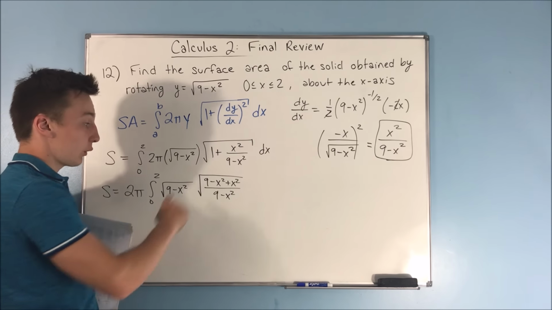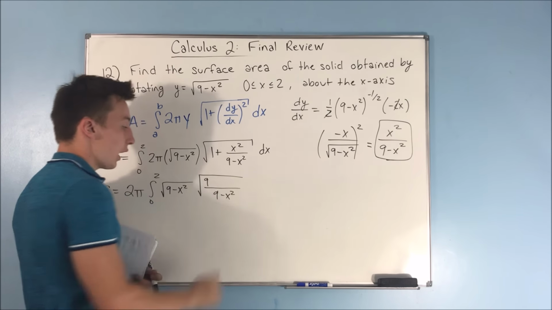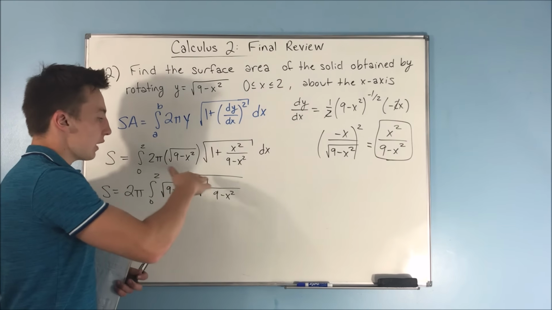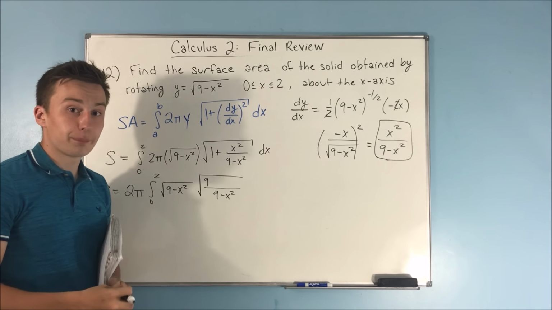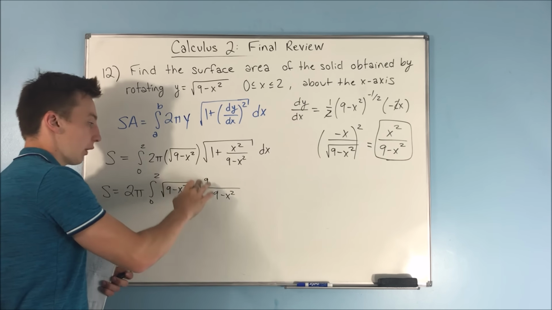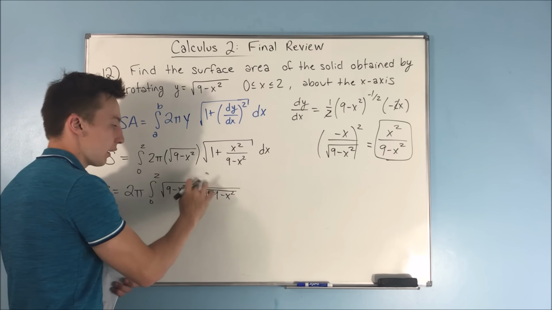Okay, this minus x squared and the plus x squared go away, and you're left with rad 9 over 9 minus x squared. Okay, and what you can do is just get this radical out of here and put it on the denominator and make this 9 a 3.